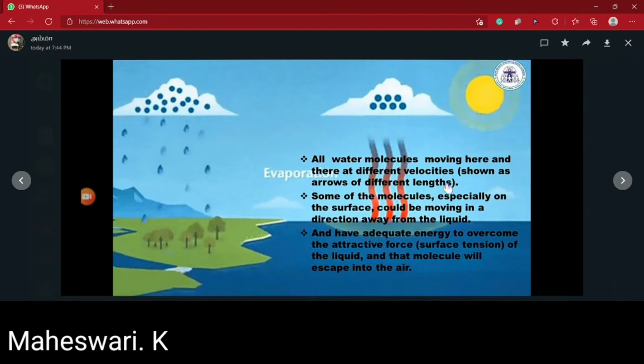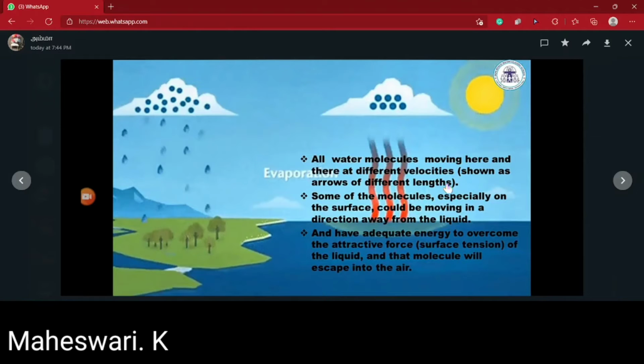So now evaporation can be defined. All water molecules are moving here and there at different velocities, shown by the arrows of different length.